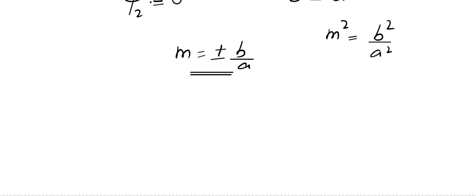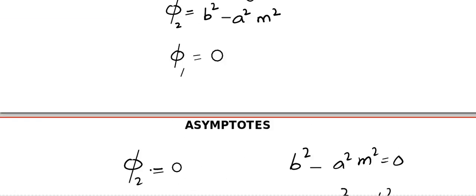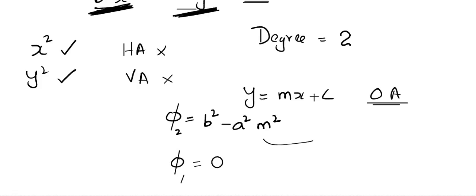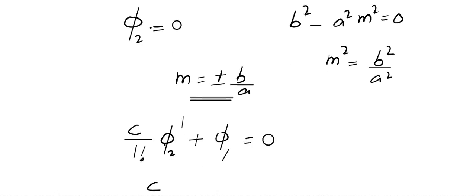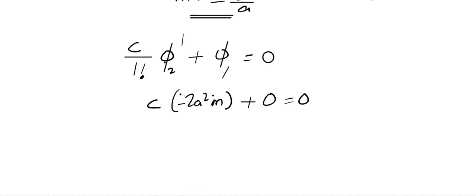Now, the second equation is c by 1 factorial into phi 2 dash plus phi 1 is equal to 0. That is c into phi 2 dash. What will be the derivative? 0 minus a square into 2m, minus 2a square m, minus 2a square into m plus 0 equal to 0. And when we plug in the values of m, we can see that c is equal to 0.